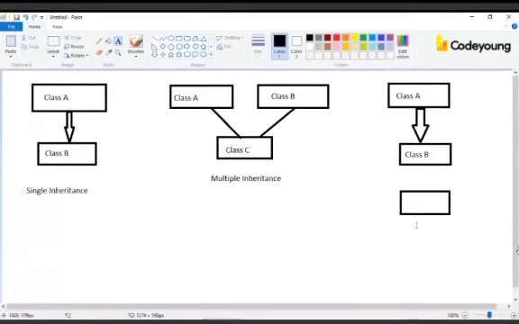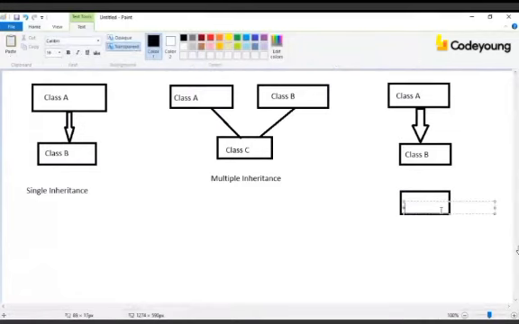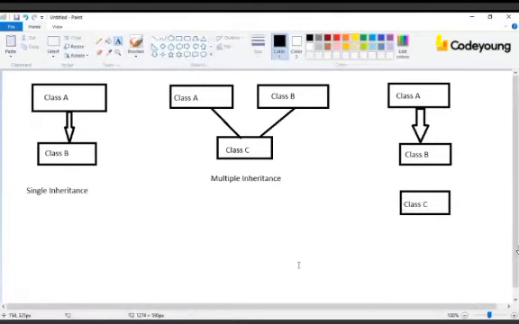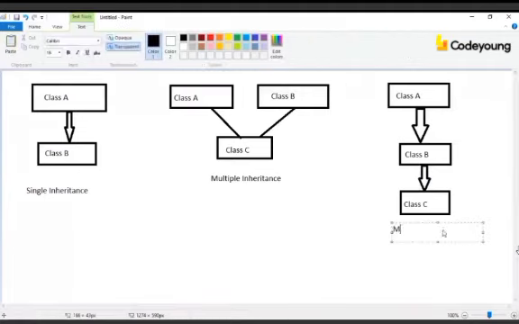So indirectly, class C will have which all classes' properties? Yes, it will have the properties of A and B, which are similar in some manner. That is, they might fall under the same category or something like that. So if this happens, this kind of inheritance is known as multi-level inheritance, because this is happening in multiple tiers, right?